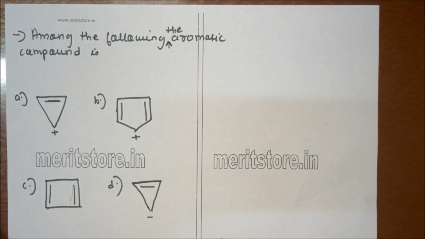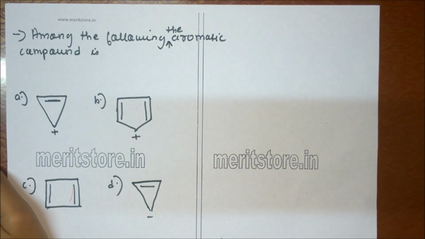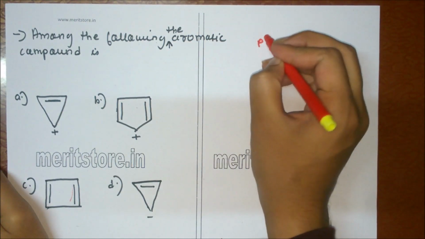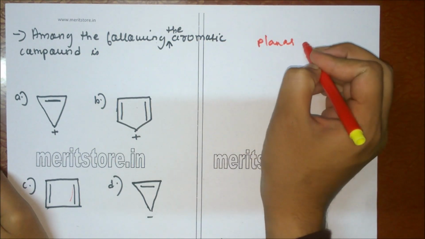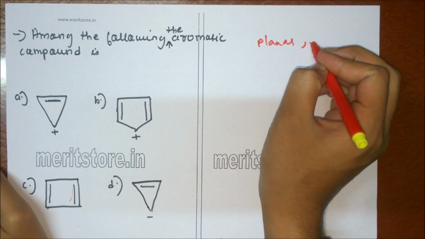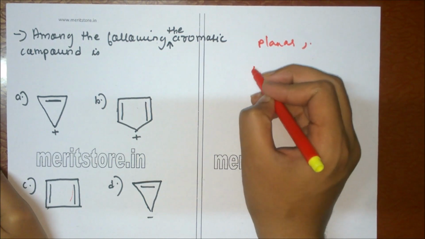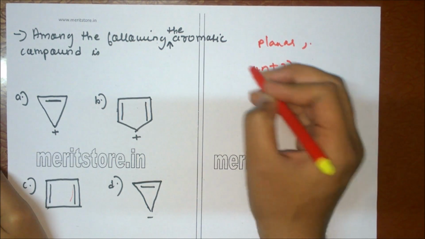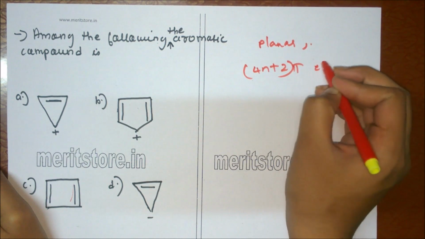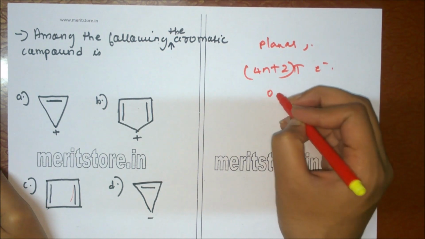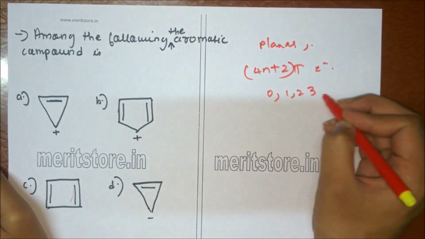Among the following, the aromatic compound is: according to Huckel's rule of aromaticity, the molecule must be planar, cyclic, and have a delocalized system of 4n plus 2 pi electrons, where n is an integer: 0, 1, 2, 3, and so on.